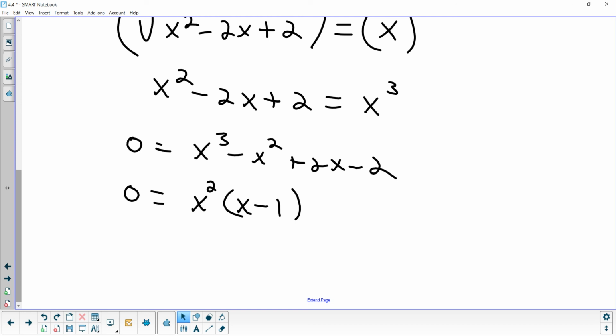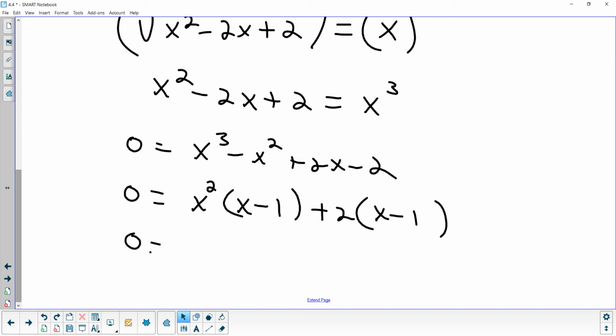If I do, then I can use factor by grouping. What can I factor out of the last 2? 2. And what am I left with if I do that? X minus 1. I'm left with x minus 1 again. This is perfect. It's going to factor out very nice.